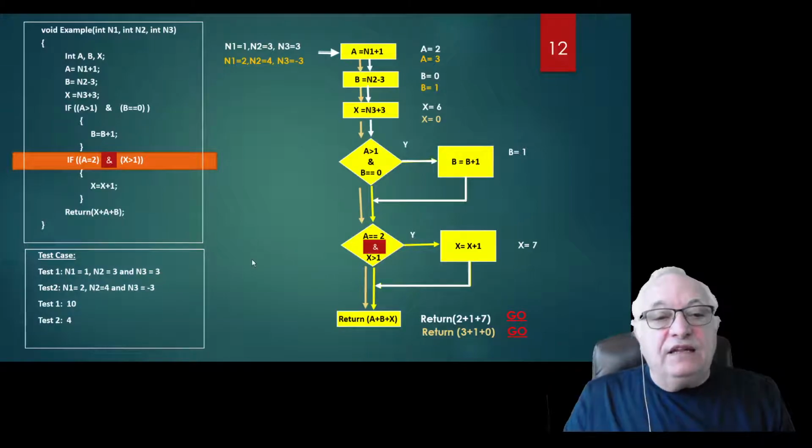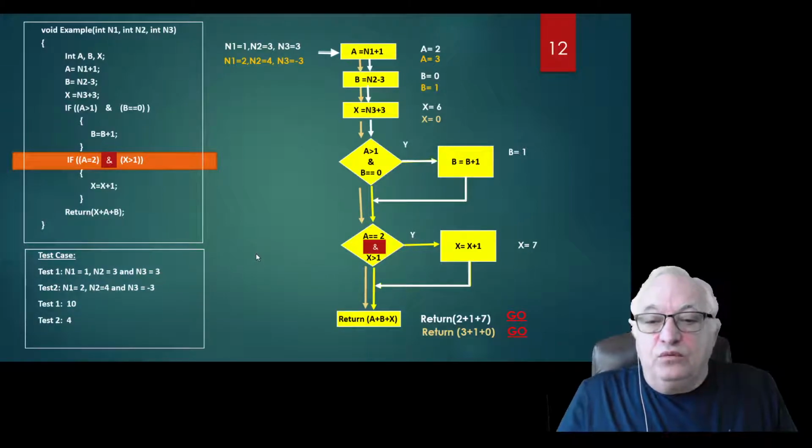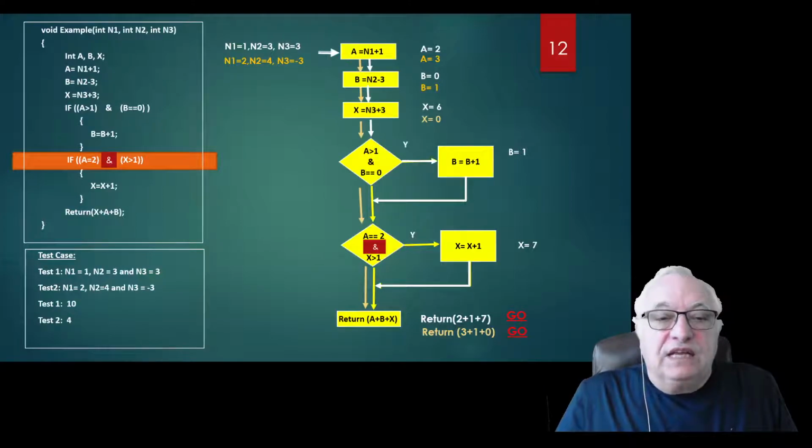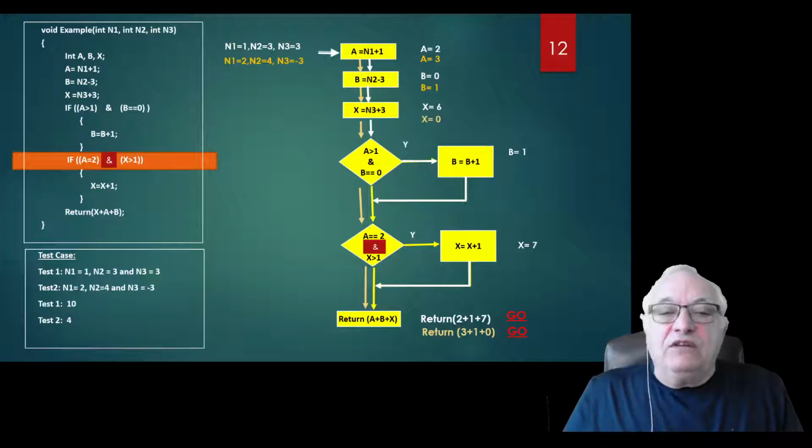So again, what I'm trying to tell you is that we had decision coverage, which somebody would say, hey, we exercised every line of code, we've tested the true and false for every decision, and guess what? You were not able to detect a major fault, which is changing an or for an and.